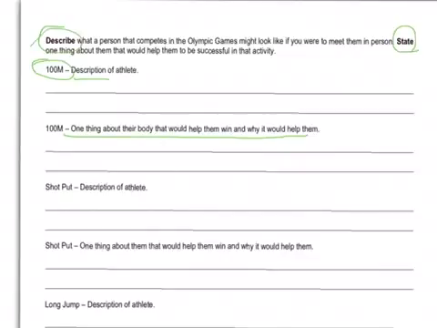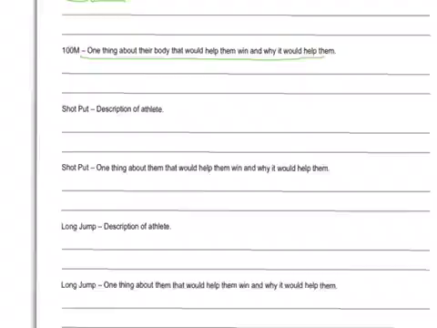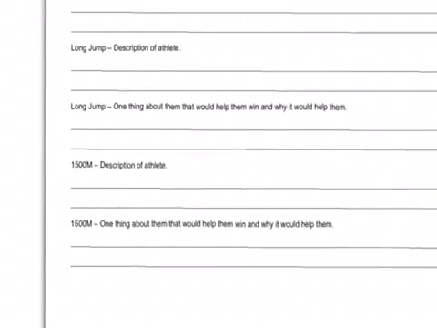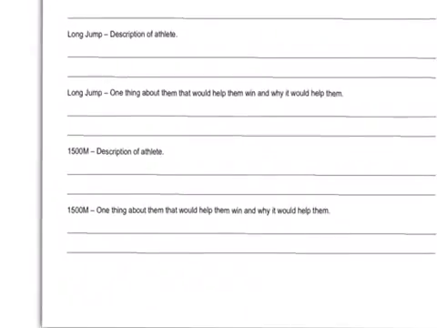So if you were analysing a netball goal shooter, hopefully you would talk about the fact that if they were tall, that would help them be successful as a goal shooter, so that it's easier to get the ball in, and if they're rebounding the ball, it's more likely that they'll be able to beat the defender because they're going to be nice and tall to get that ball, okay? Again, each of the 4 activities, the 4 events for athletics.